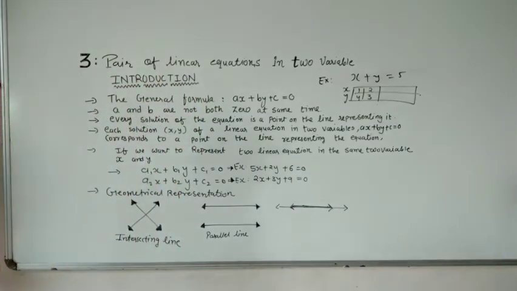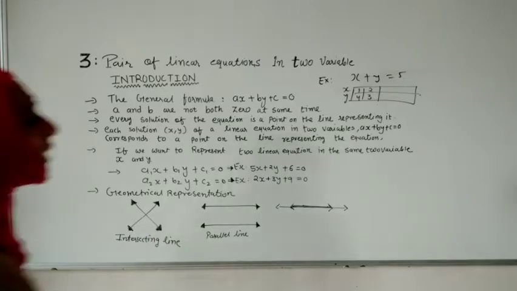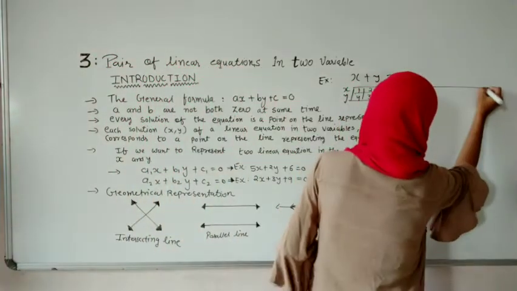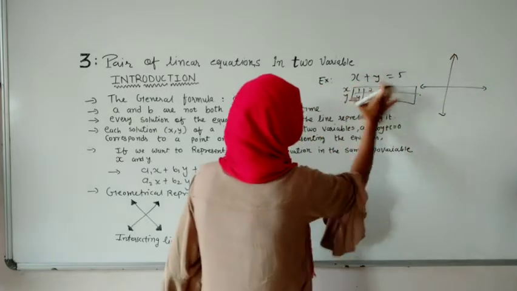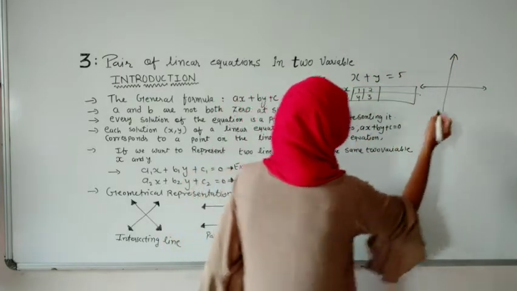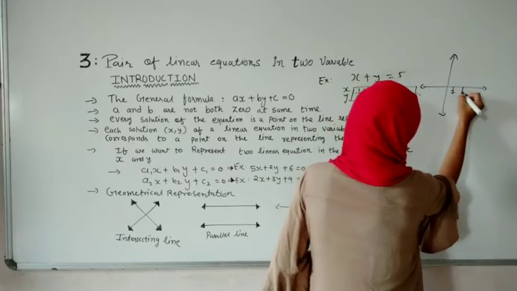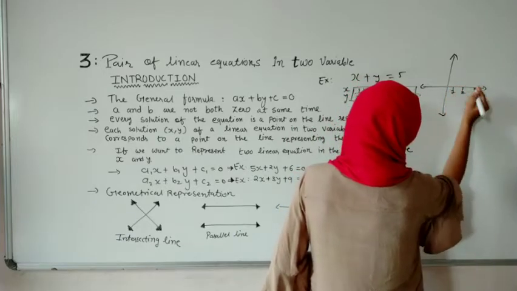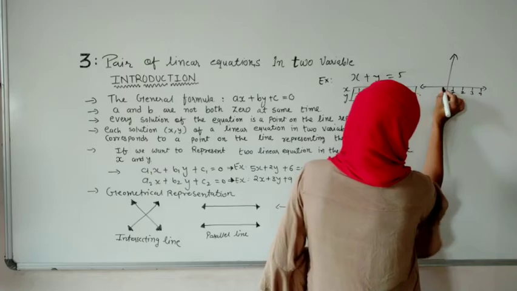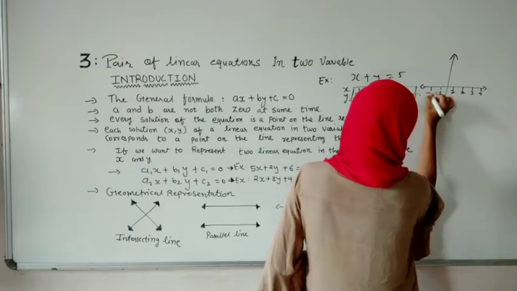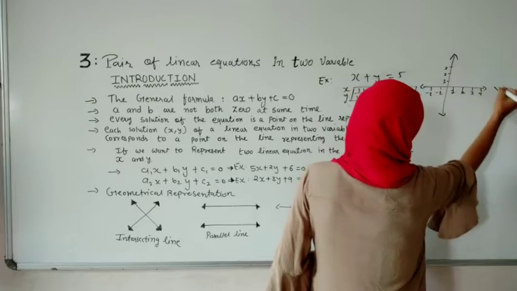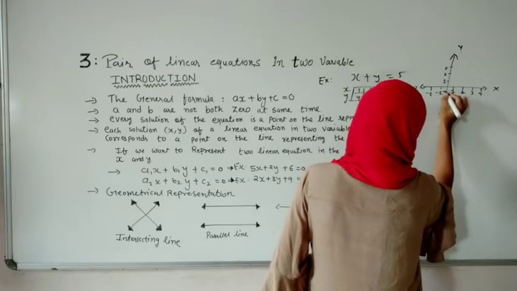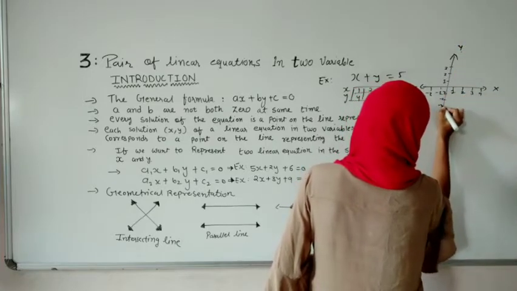And by plotting on the graph, we were getting a linear equation, means a line on the graph. Suppose I am representing this line on the graph, then what kind of graph am I getting? Suppose this is 1 centimeter perfectly, and it is 1, 2, 3 on the x-axis, and this one is the y-axis, this one is -1, -2, -3.